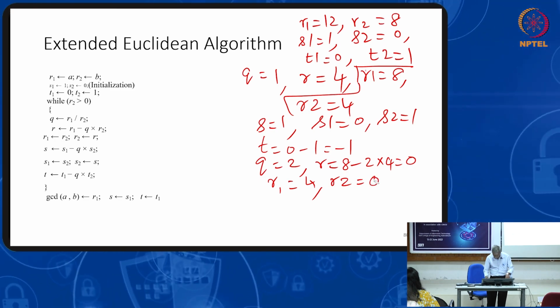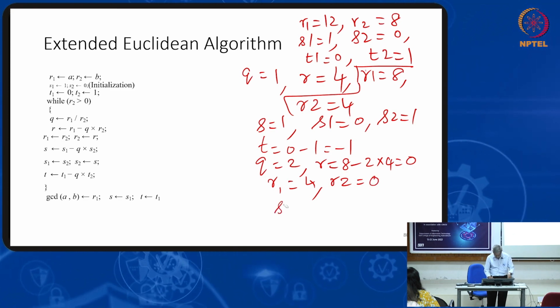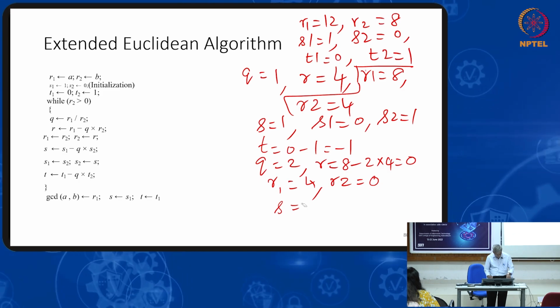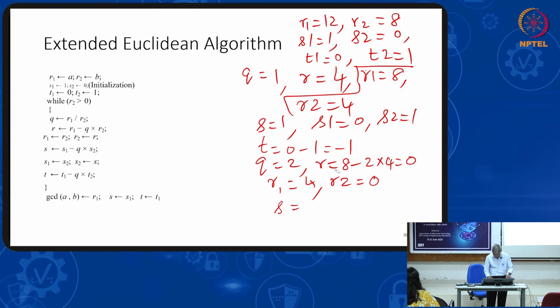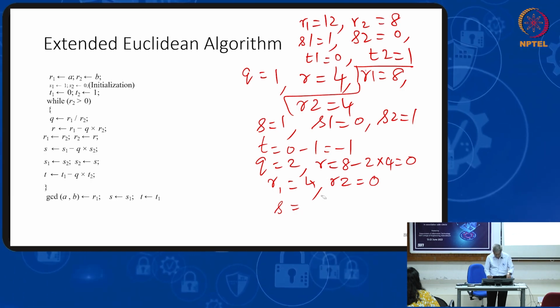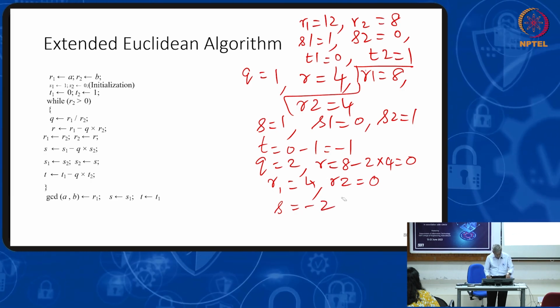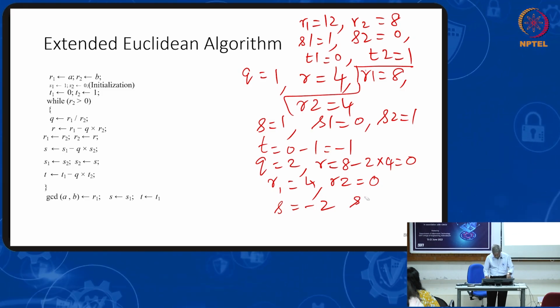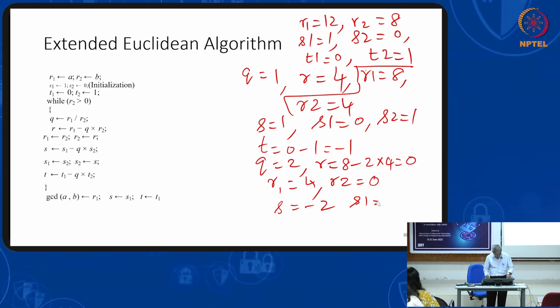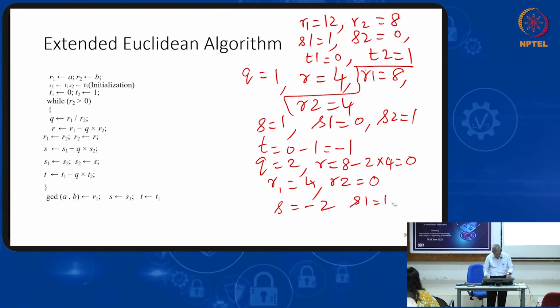What is R? S equal to S1 minus Q S2. Q is 2, S2 is 1, so 2. S1 is 0 minus 2. S1 equal to S2. S2 is 1.